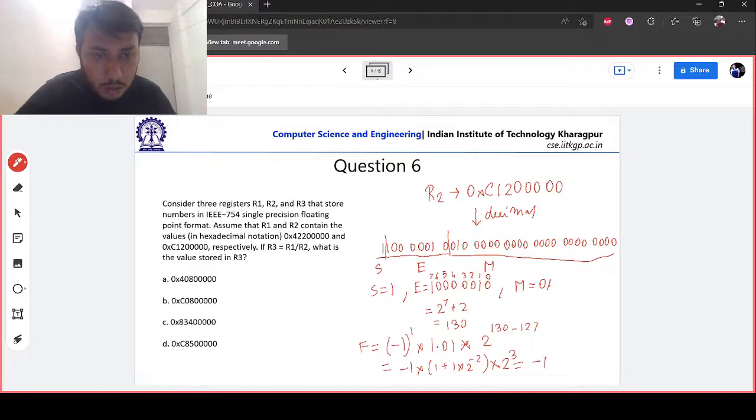So that is minus 1.25 into 2 to the power of 3.